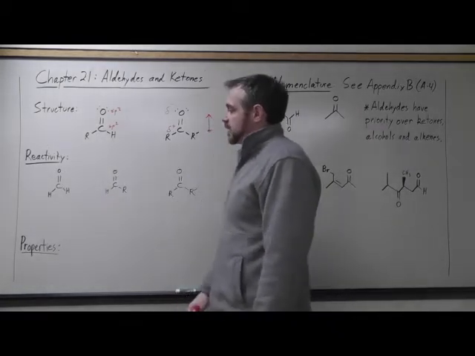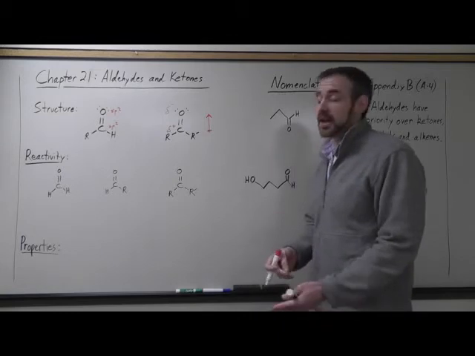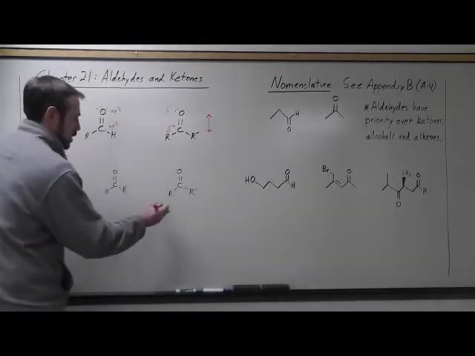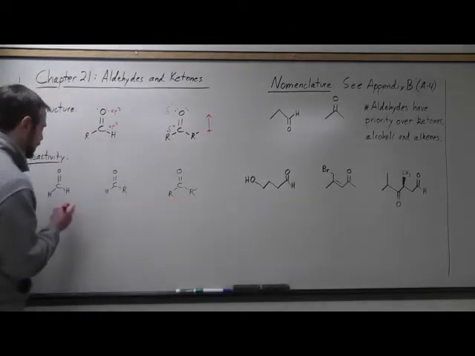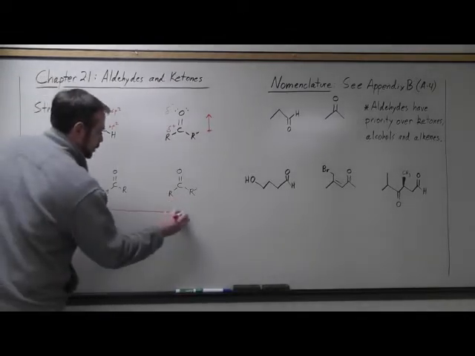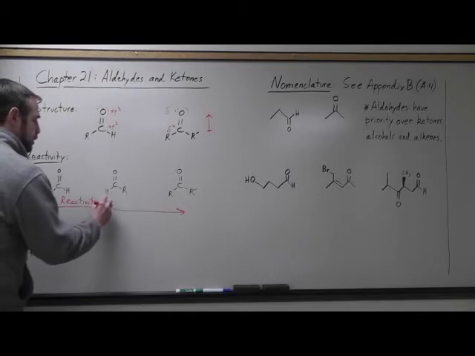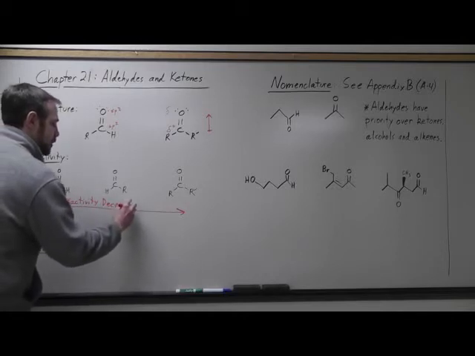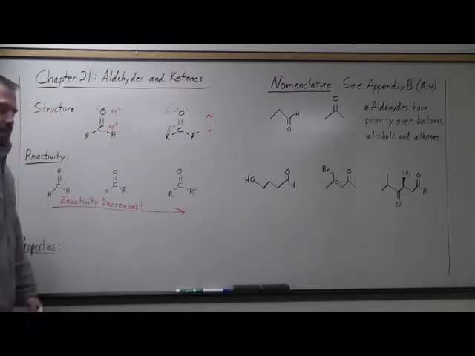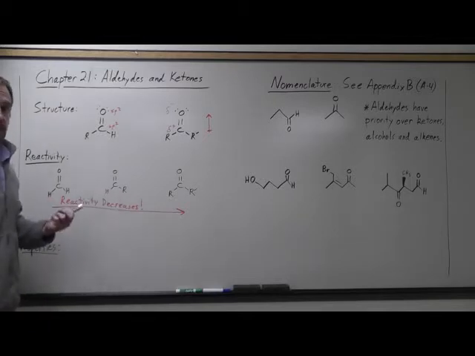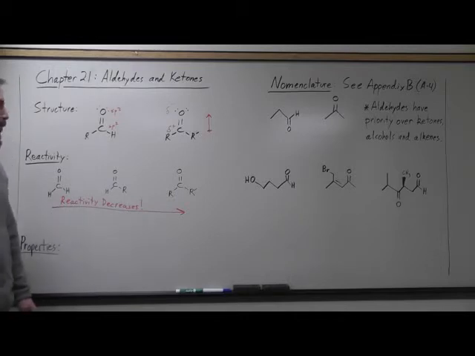If we think about their reactivity and just compare formaldehyde to an aldehyde to a ketone, the reactivity actually decreases going this way. And looking at it, and perhaps envisioning alkyl groups here instead of just an R, maybe think of a reason or two why that might be.